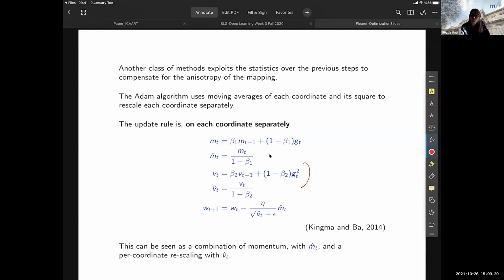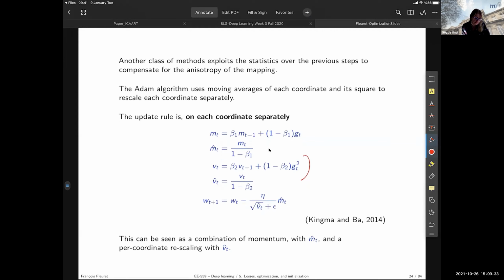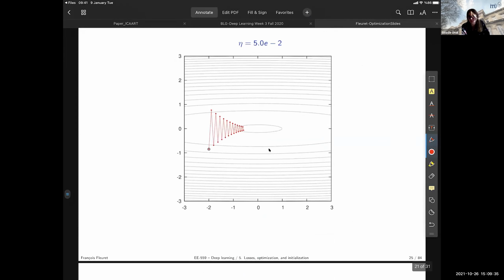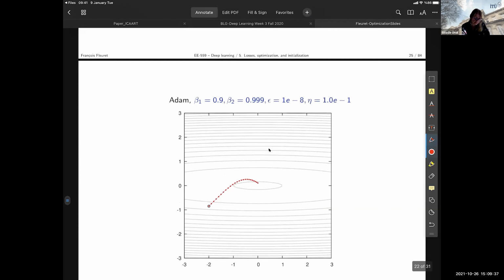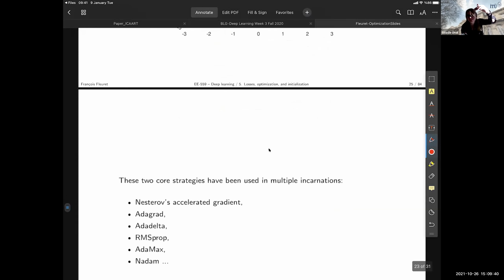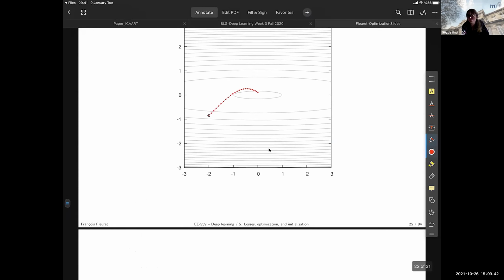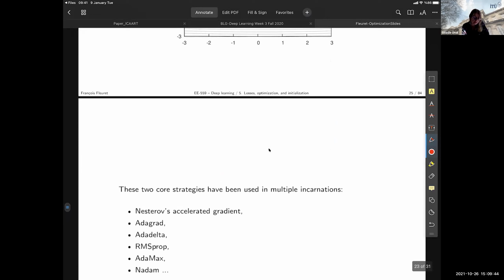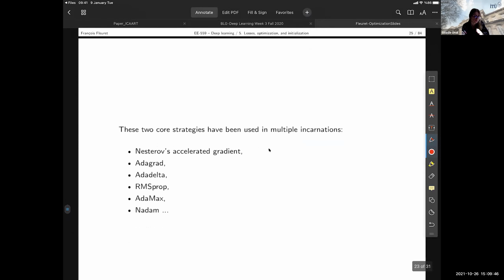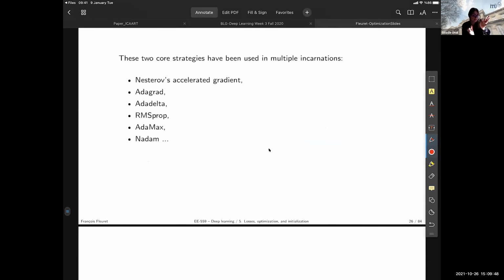This is something we've seen already, and with Adam, you can compare, again, a smooth, nice descent for this toy case. There are many incarnations, like Nesterov, where you use vector additions of these gradients and so on.